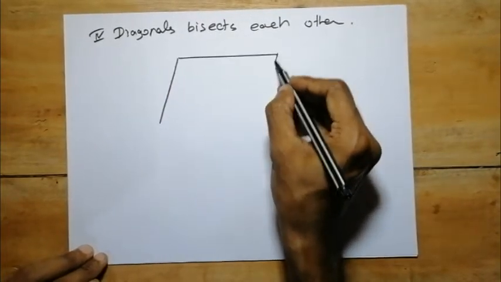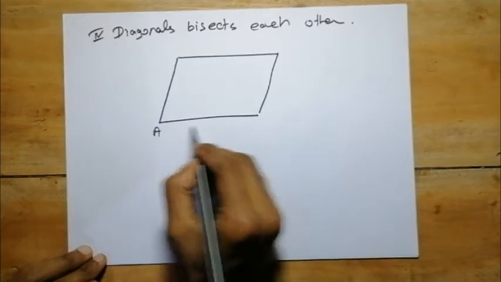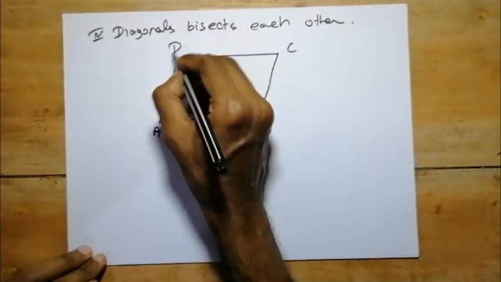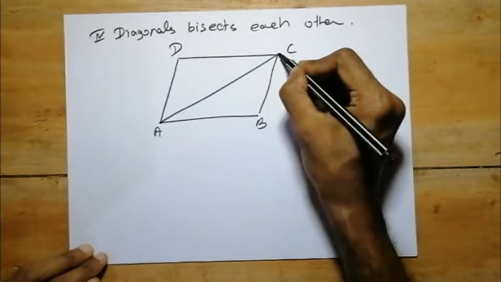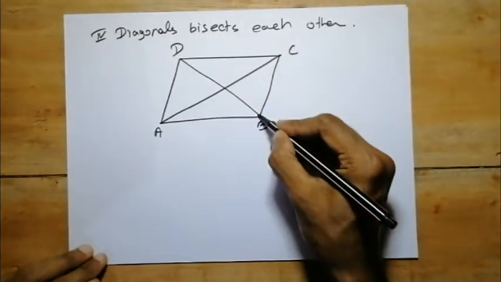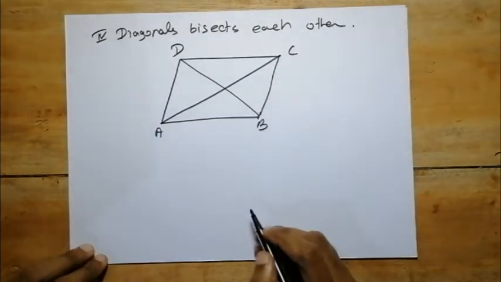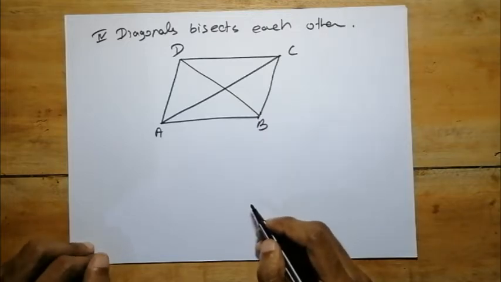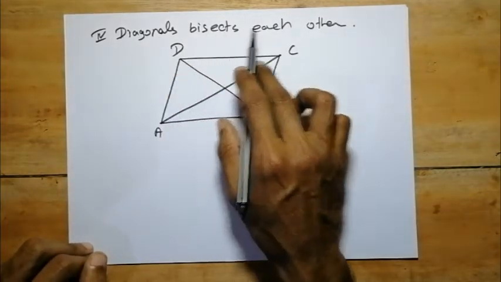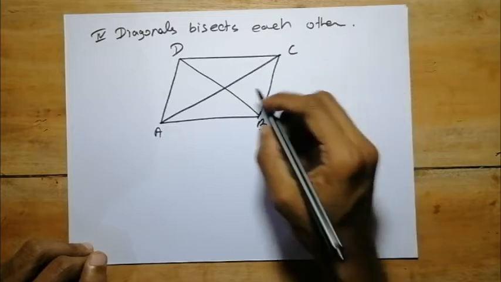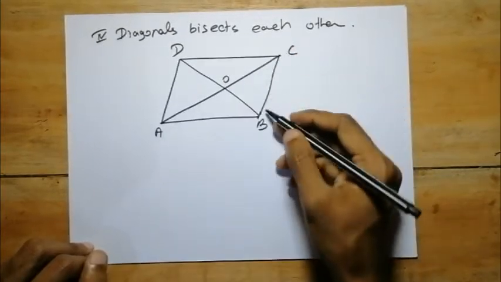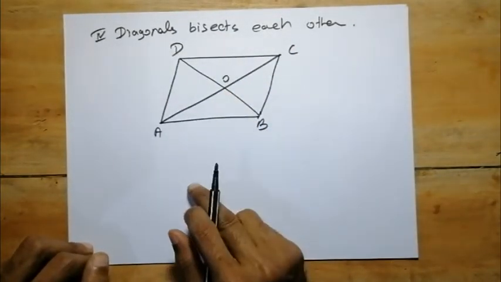If you draw a parallelogram, we are drawing both diagonals here. If you connect both diagonals, they bisect each other, which means diagonals AC and BD intersect at O.